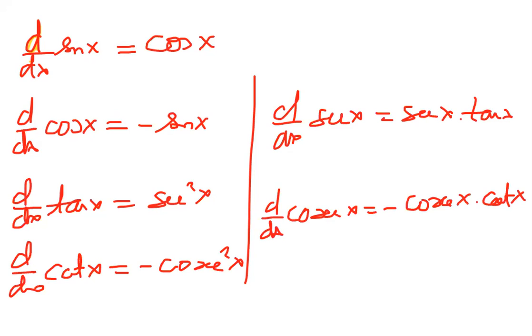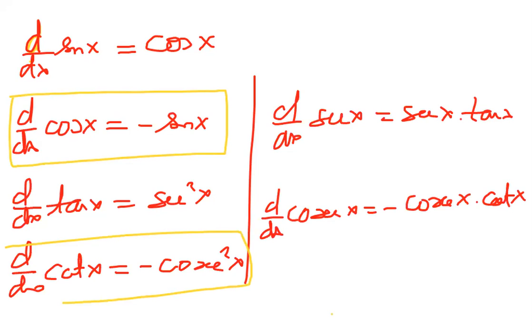Now see differentiation of the trigonometric ratios which are starting with C is negative. These are giving us the negative results. So cos x, cot x and cosec x, these three are the trigonometric ratios which are starting with C. So their derivatives are negative.